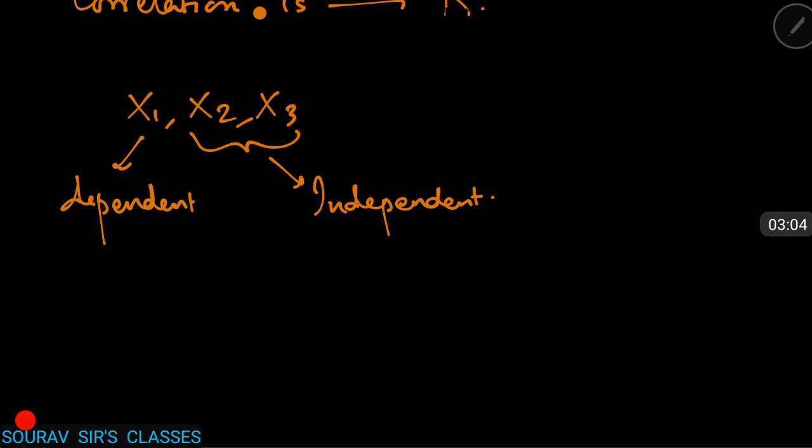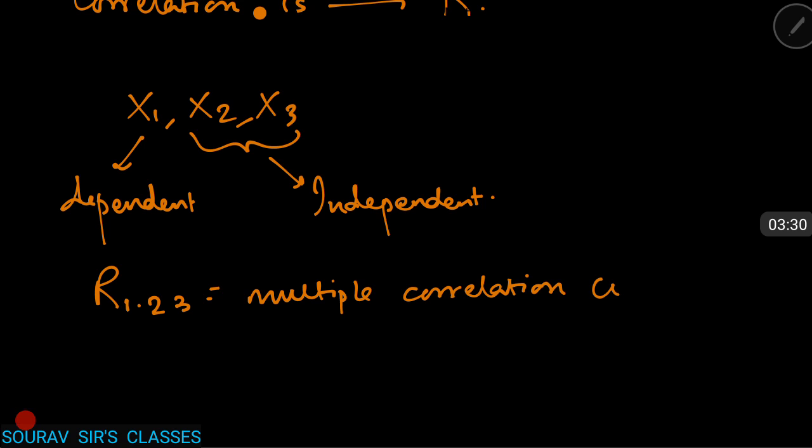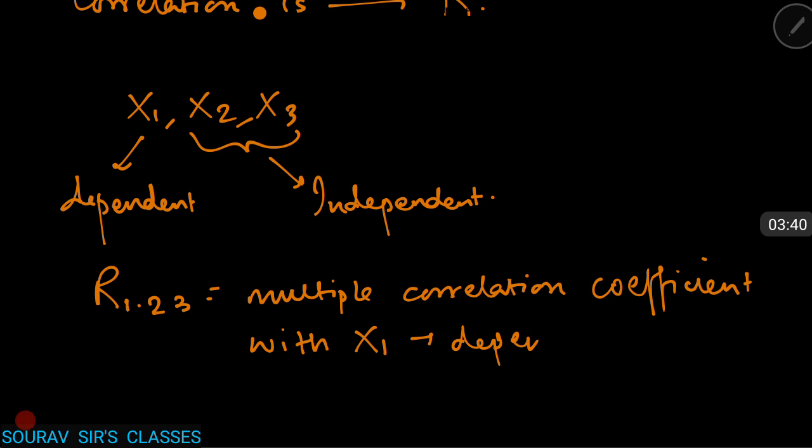R1.23 is the multiple correlation coefficient with x1 as dependent variable and x2, x3 as independent variables.